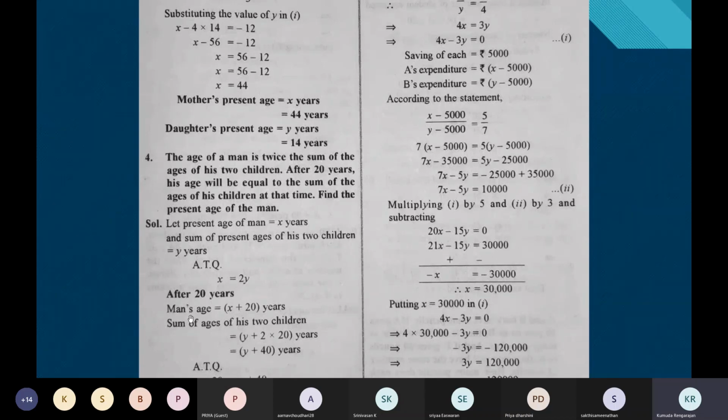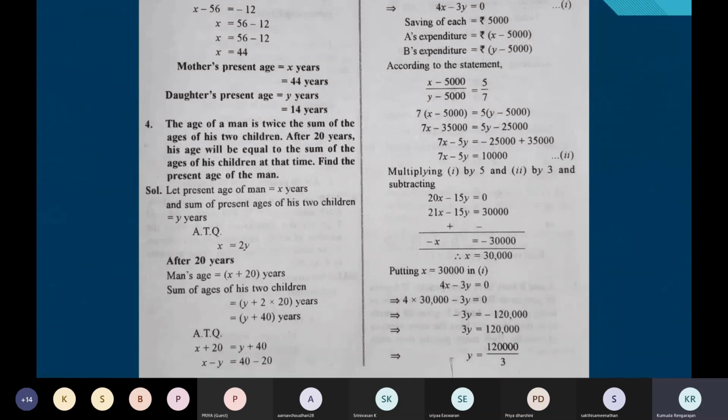Y plus 40 will be the sum of their ages. And according to the question, after 20 years, the man's age will be equal to the sum of the ages of his children. So x plus 20 will be equal to y plus 40. That's given to us.